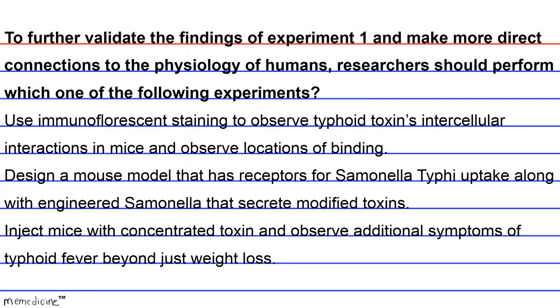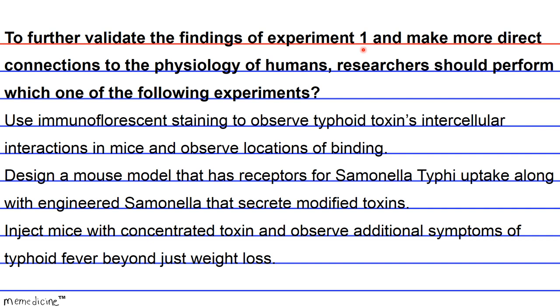Okay, so the minor problem with experiment 1, if you go back and refer to the passage, is that an observed correlation with weight loss doesn't necessarily mean the host is infected with typhoid fever. It could be due to some other cause, okay?